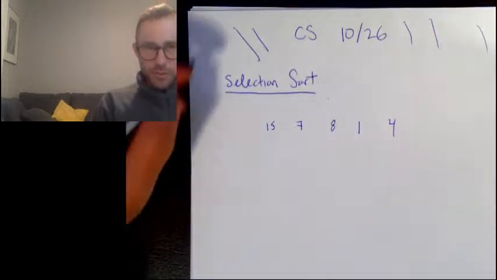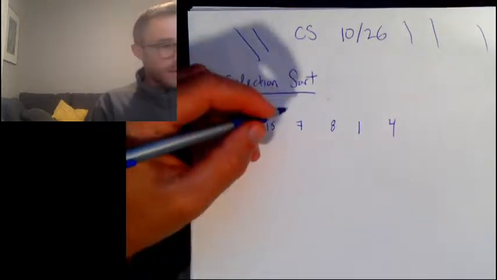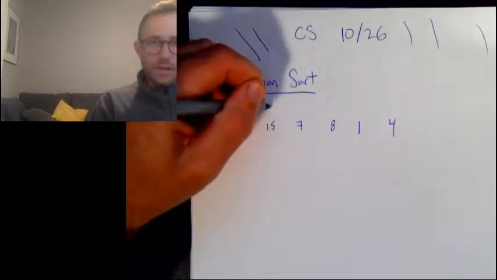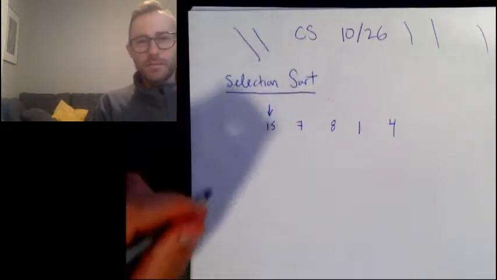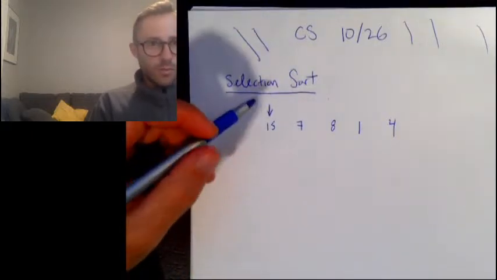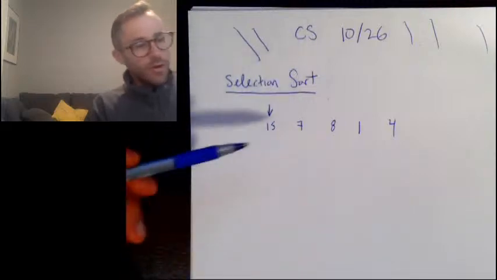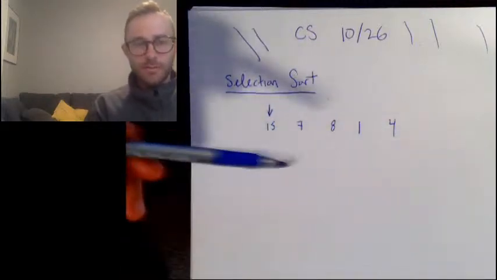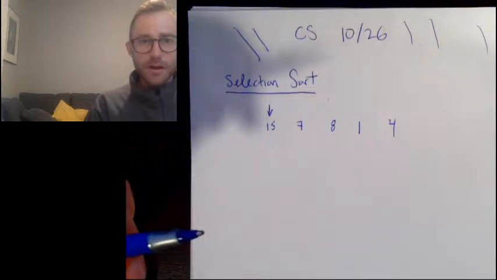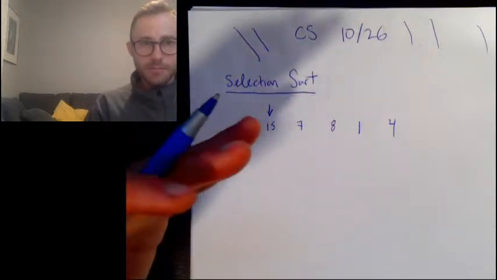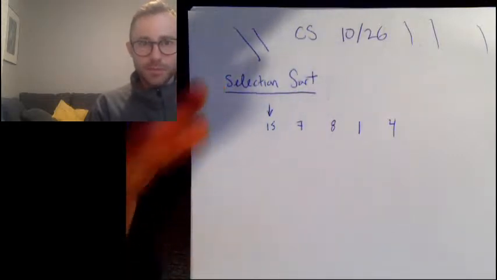Okay, so what we do with selection sort is we start off looking at the first one, okay? And what we're trying to do is we're going to go all the way through the list, and we're going to find the index of the minimum element, the smallest element.